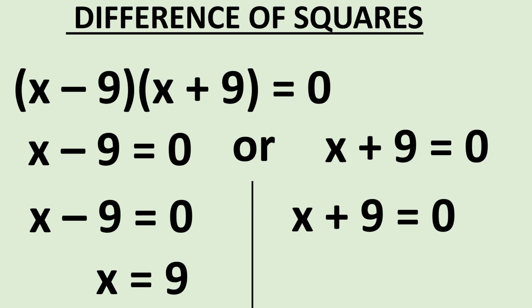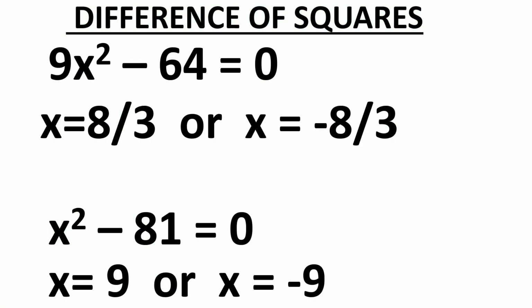When we take the 9 to the right hand side, positive 9 now becomes negative 9. So we have x equals minus 9. So that is the solution for the difference of squares. So our x is 9, or x is minus 9 for this particular question.